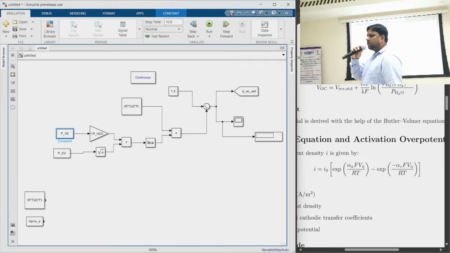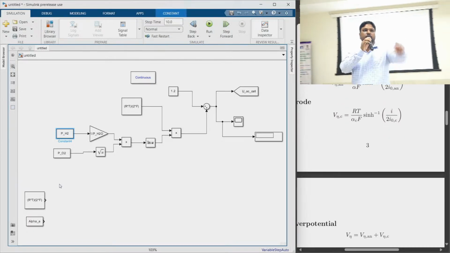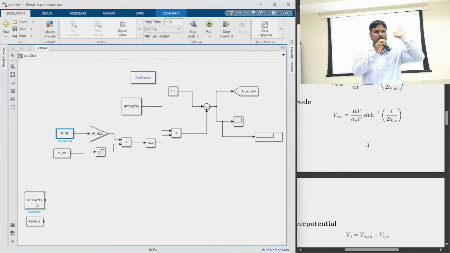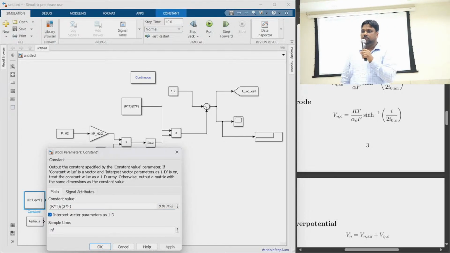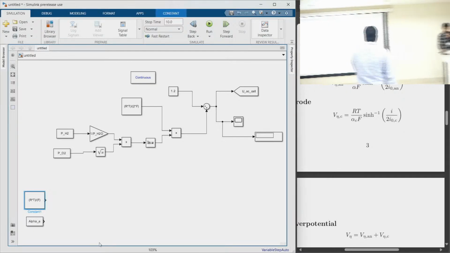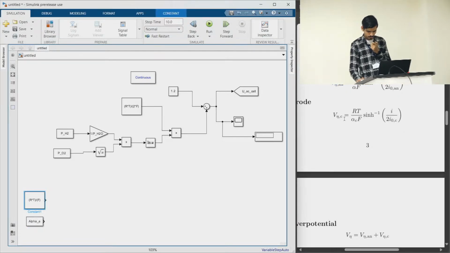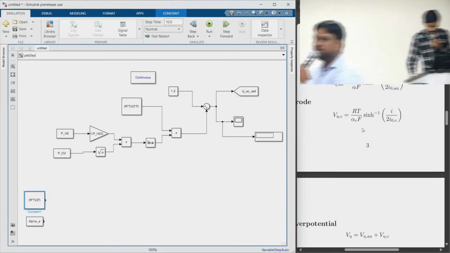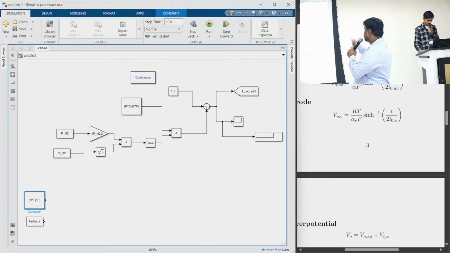So all of you got it? Any question? Backside? Then we will go to the calculation of activation over potential. Which equation are we using? This one. So we are now calculating the activation over potential using this function.